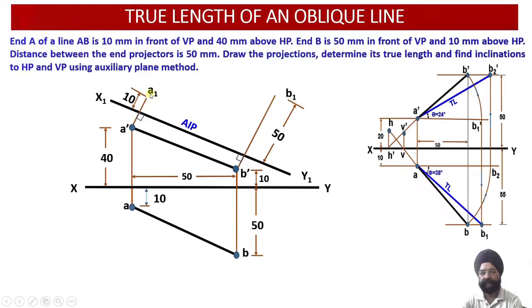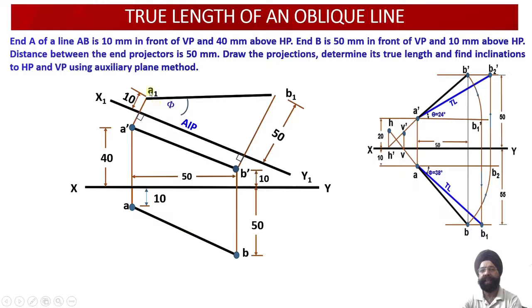So having obtained these 2 points A1 and B1, I am able to obtain the true length of this particular line. This line A1, B1 will be the true length, since A dash, B dash, that is the elevation projection line, happens to be parallel to the AIP reference plane X1, Y1.